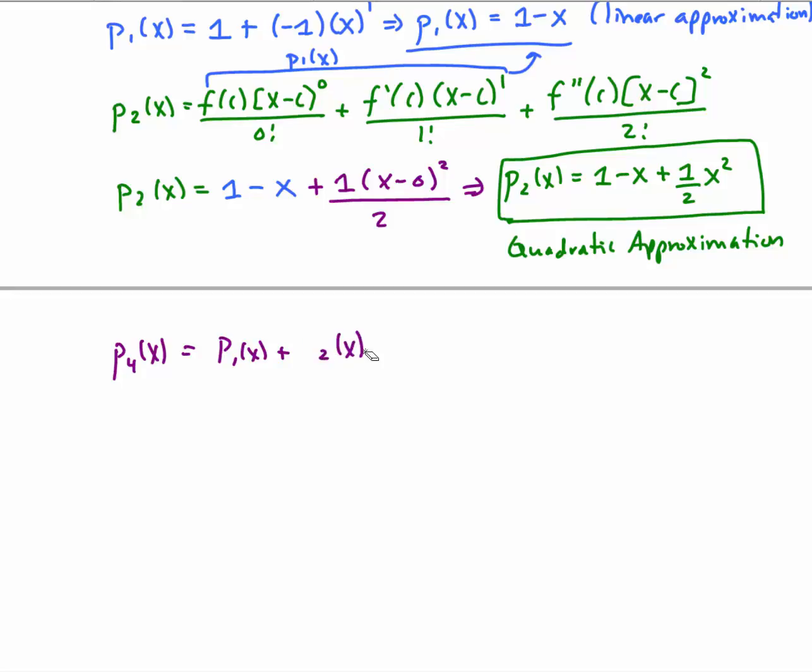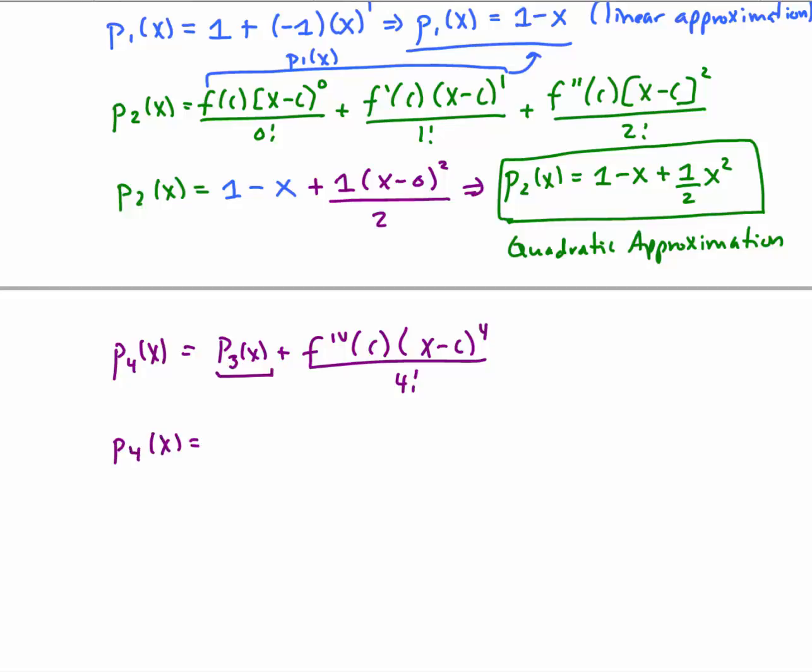Actually, that's not quite right, because if you had P2 of x, you'd have P1 written twice. So this is really P3 of x plus the fourth derivative evaluated at center times (x minus c) to the fourth over 4 factorial.